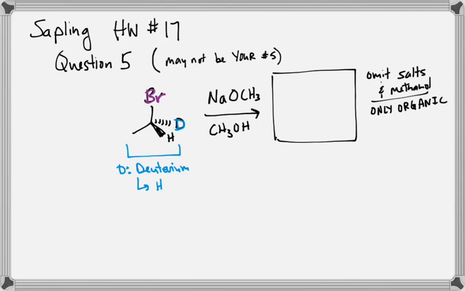Our leaving group will be our bromine, so we want to classify the carbon where our bromine is attached. That carbon has only one carbon attached to it, so we are looking at a primary bromide structure. When we're looking at a primary alkyl halide, that would suggest SN2 chemistry.